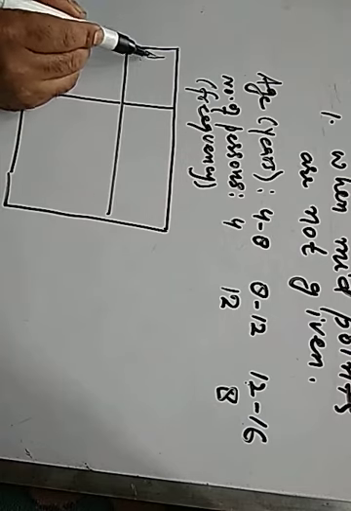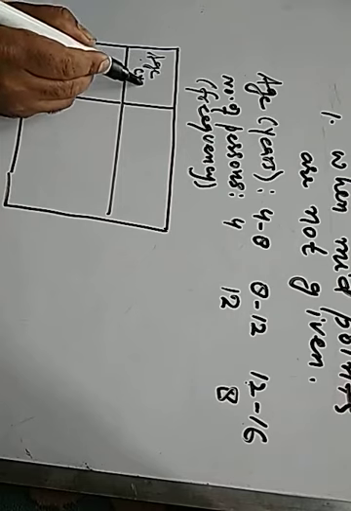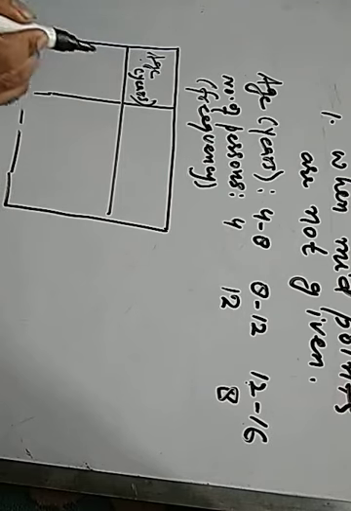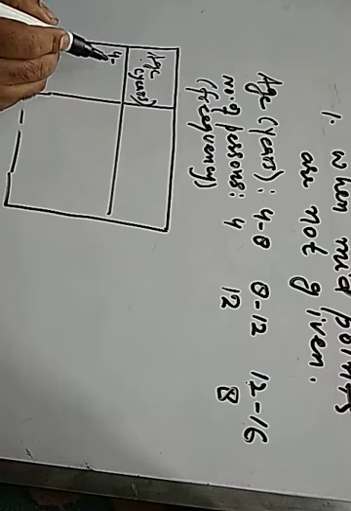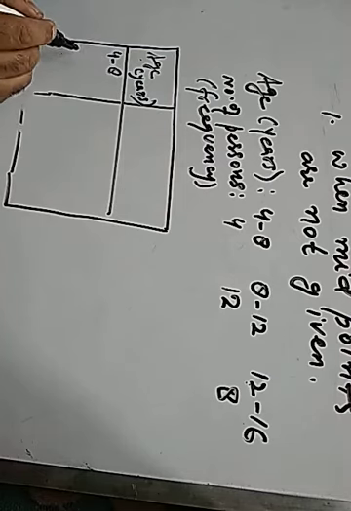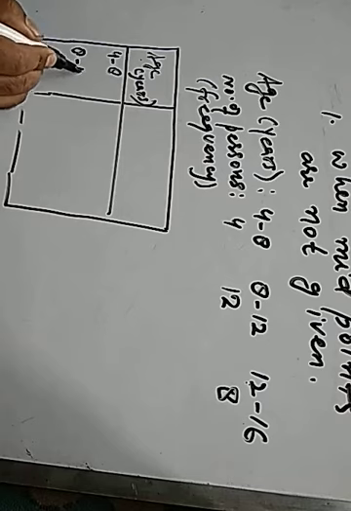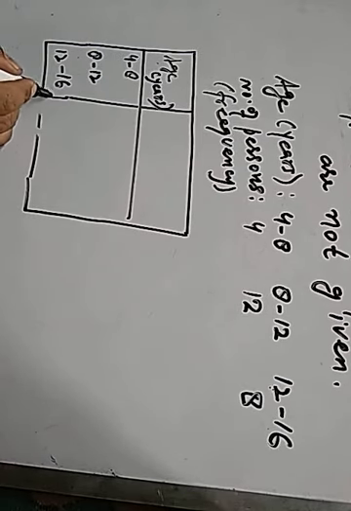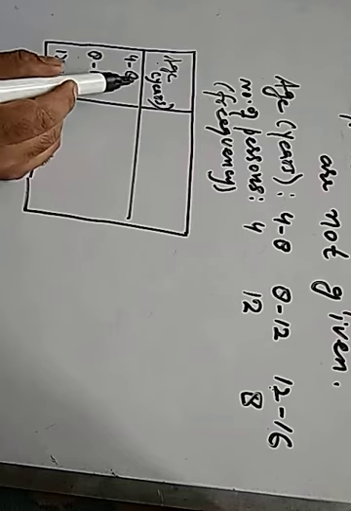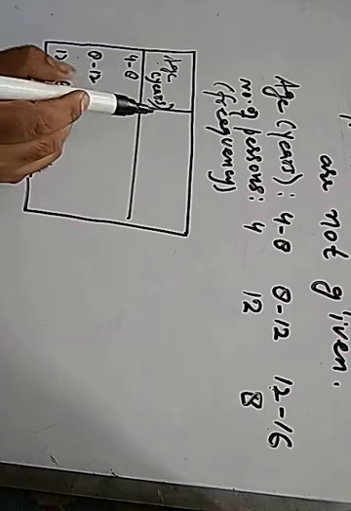In the first column, I will write age in years: 4 to 8 years, 8 to 12, 12 to 16 years. We have to calculate the mid value of these class intervals.